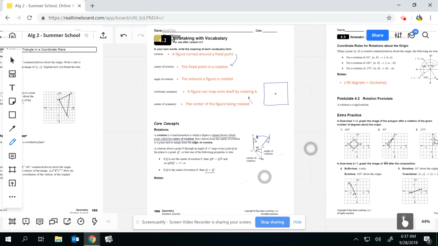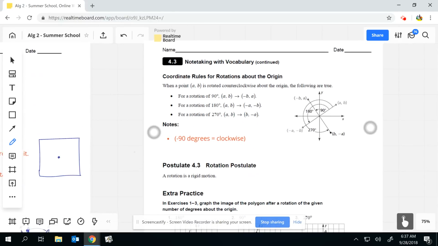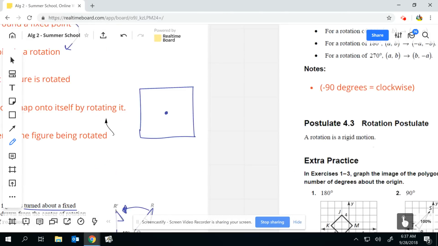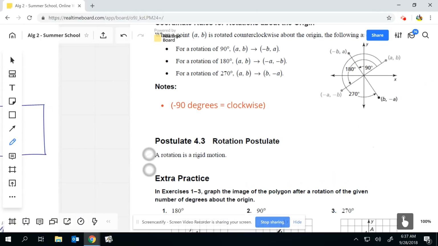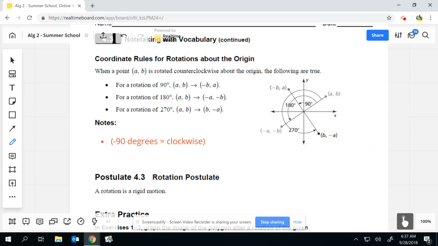But these are the key things, the reason why I had to start on this page, these rules right here. You have to look at these rules. They're just like the rules that we've had before. They are the formulas that we use. And I added a little piece to it here, but I want to show you that a rotation of 90 degrees.